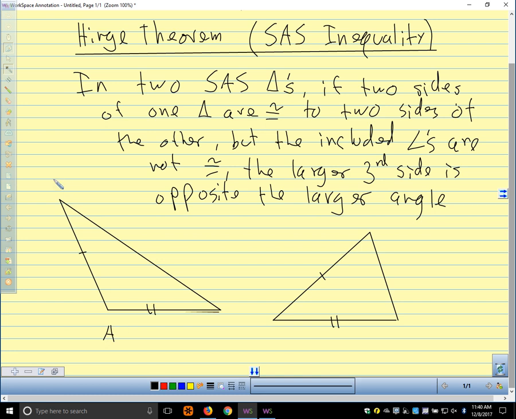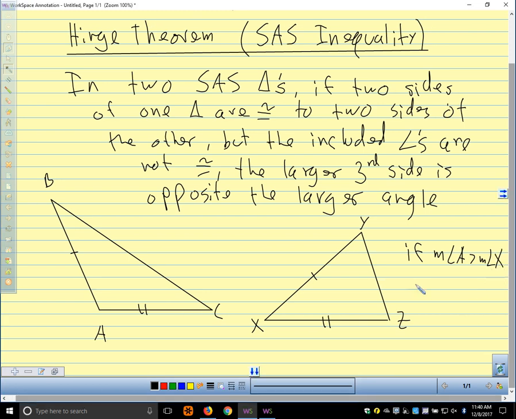Call that ABC and XYZ. So we have these two sides congruent to these two sides. What we're saying is if the measure of angle A is greater than the measure of angle X, then this side BC has to be greater than YZ.